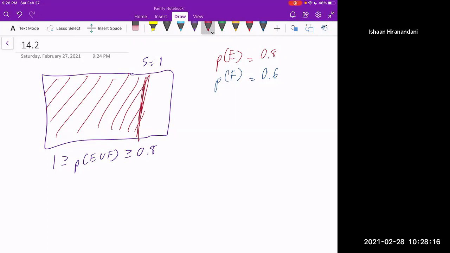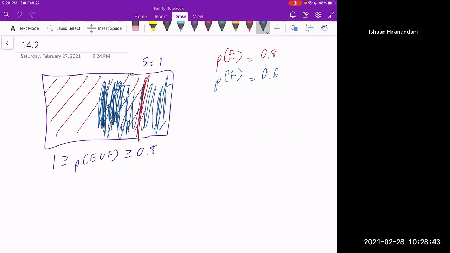And even if F is as far removed from E as possible, there's still going to be some overlap, because remember, the probability of E and the probability of F, overall, they can't stretch beyond the sample space.